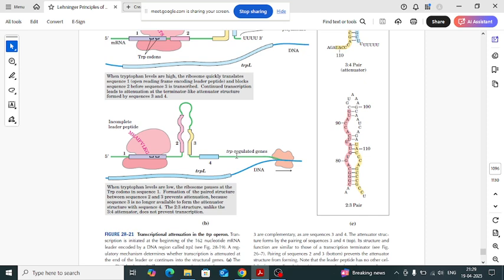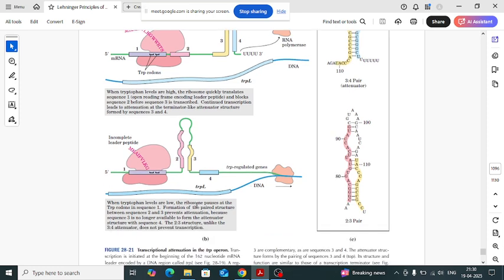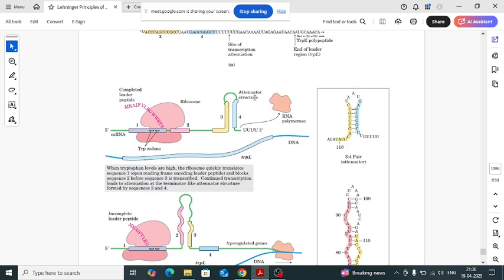That's how the high level of tryptophan is allowing the formation of the attenuator structure 3-4, that is inhibiting the transcription of the TRP operon system. But the low level of tryptophan is pausing the ribosome in the ORF1, so that the 2-3 are able to pair, right? So as a result of this, 3-4 pairing is not formed, right?